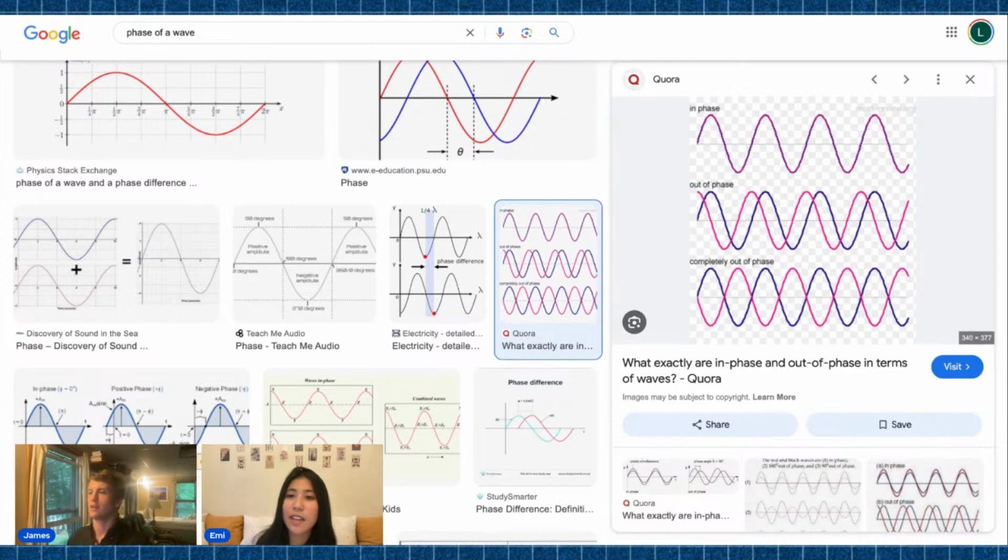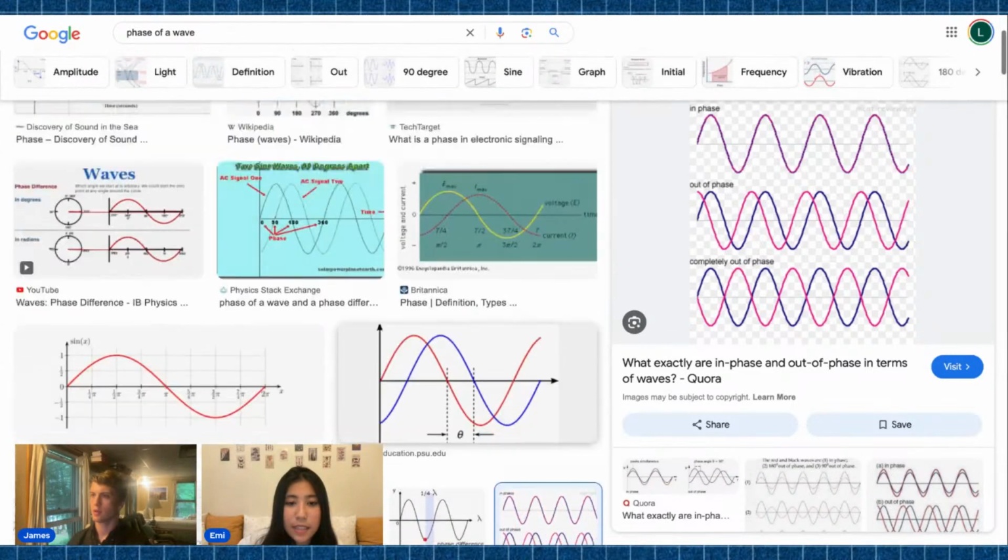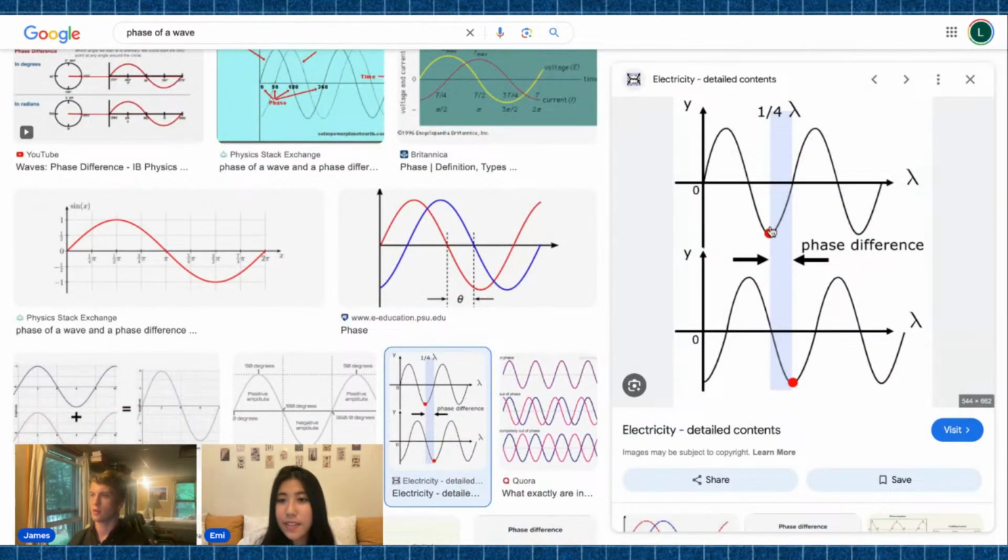Interference occurs when waves are out of phase, and you'll get different levels of interference dependent on how out of phase two waves are. When they're completely out of phase, like this bottom case, the pink and blue are completely the opposite of each other. You will get a complete cancellation of the waves, so it will just average out to zero.